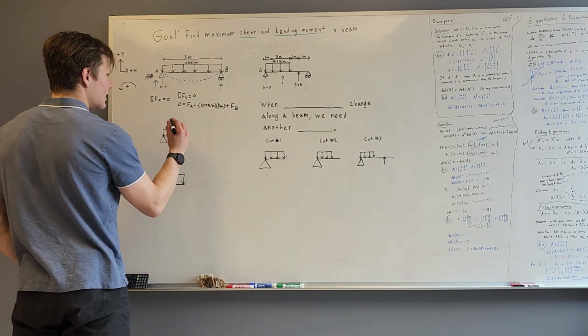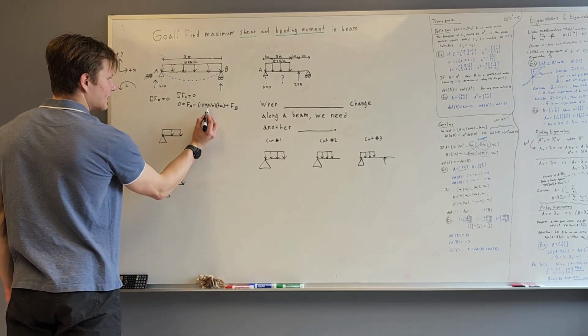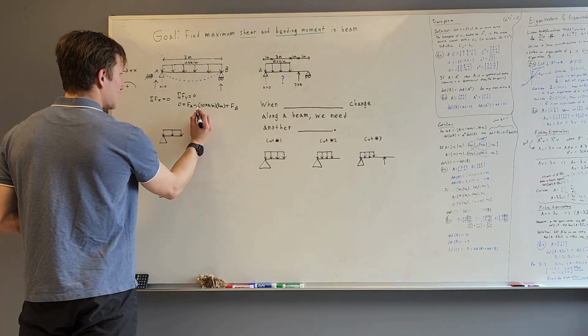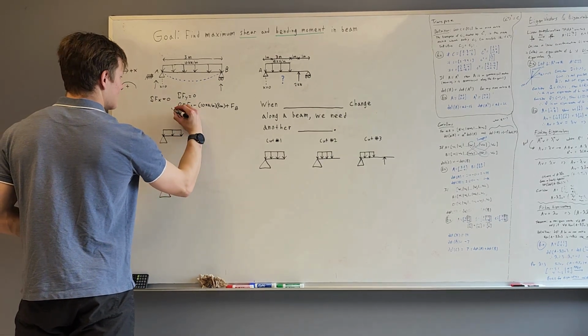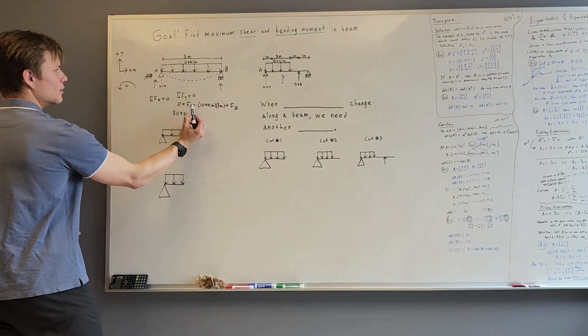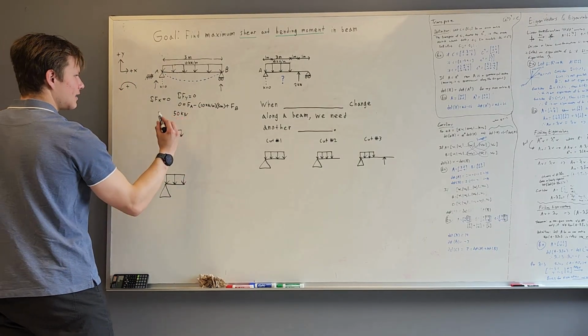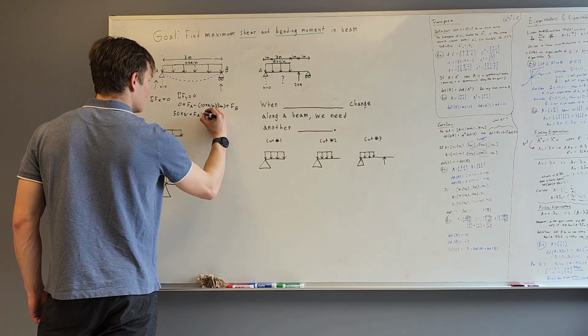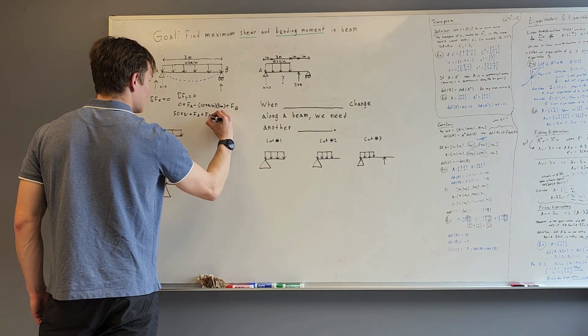And so then we get the equation. So 10 kilonewtons per meter times 5 will get us 50 kilonewtons. And then if we add all of this to the other side, we get 50 kilonewtons, so I moved everything here to the other side, is equal to FA plus FB.